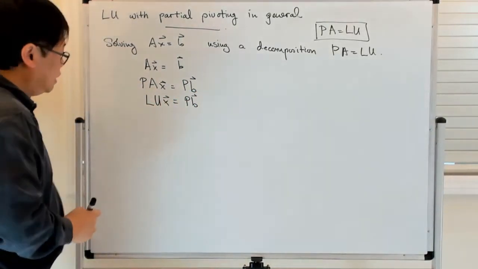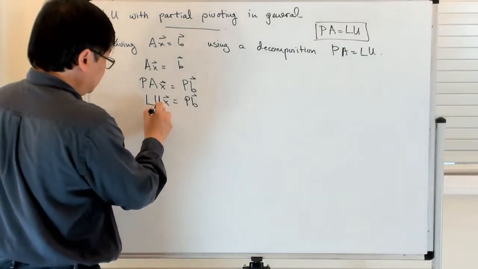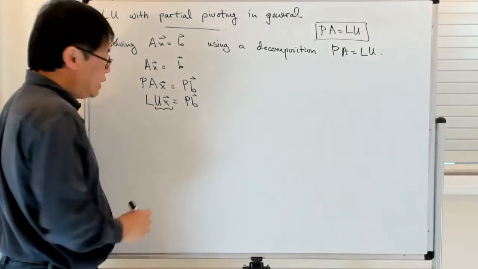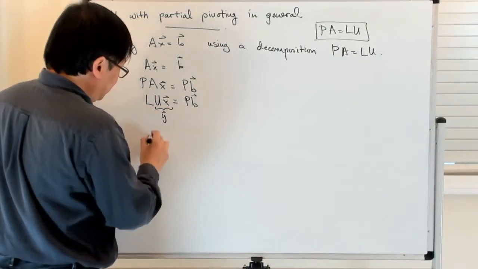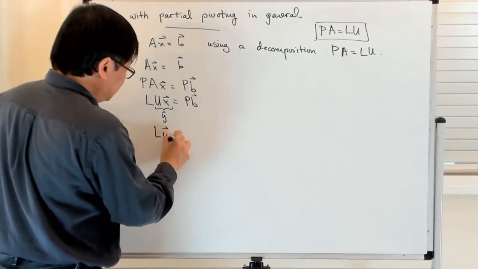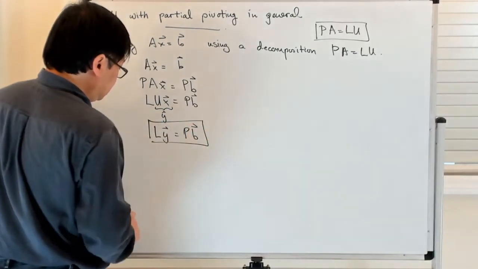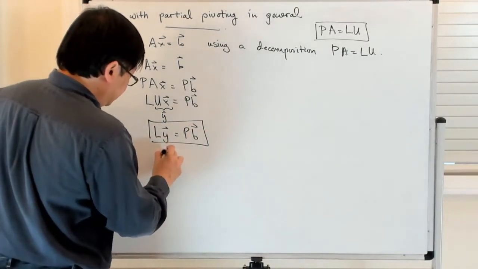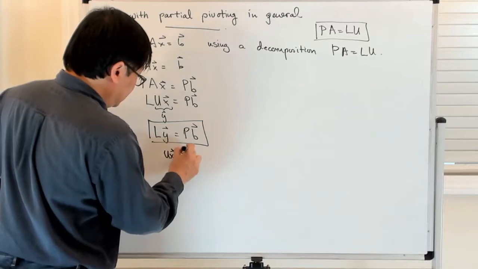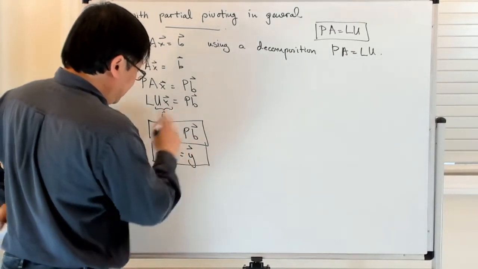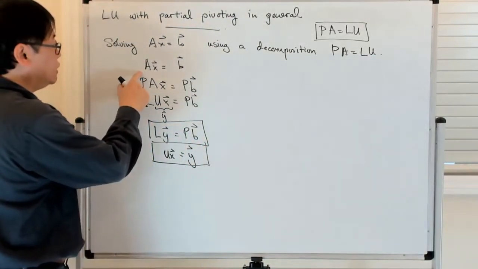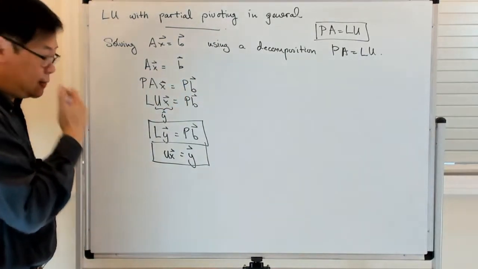I can rewrite this equation into two parts. I look at UX and call that Y. So I have one equation that says L times Y is equal to P times B, and a second equation which says U times X is equal to Y. Together these two are equivalent to this equation.